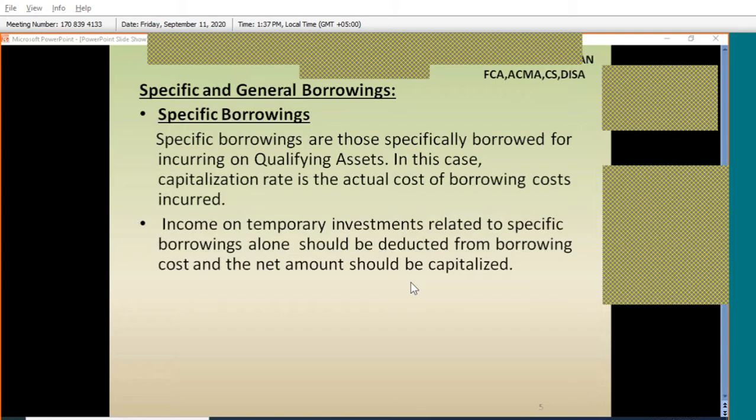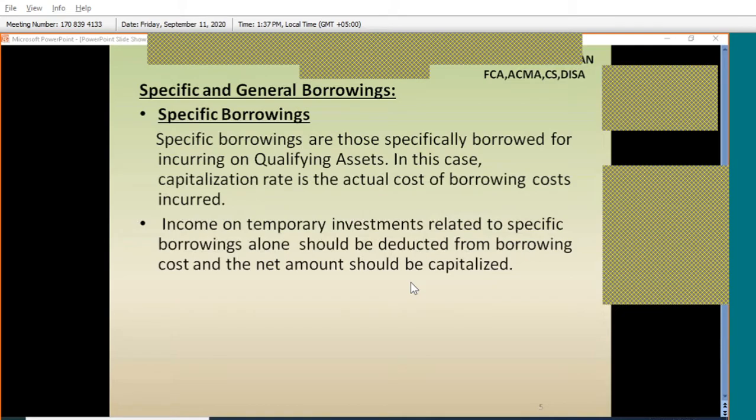So, income on temporary investments related to specific borrowing alone should be deducted from borrowing cost and the net amount should be capitalized. What is the meaning of this? I borrowed the money for constructing the mall, but I'm not able to use the 100 crore fully right now.